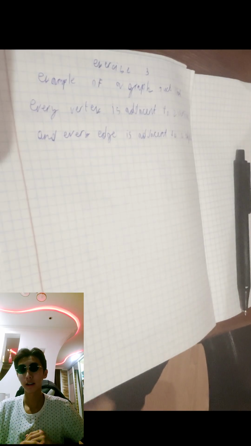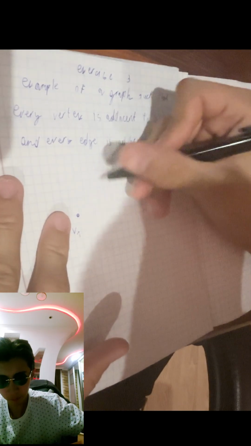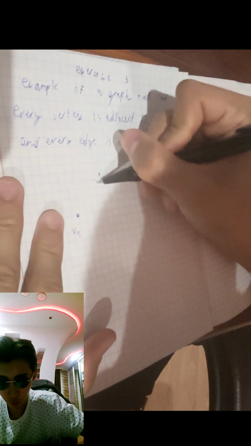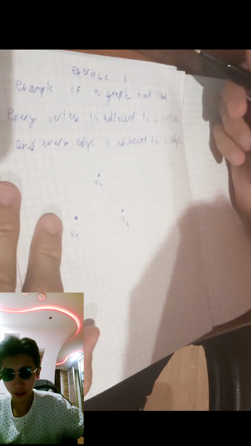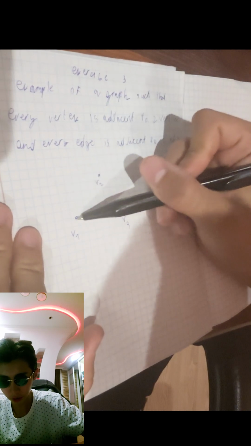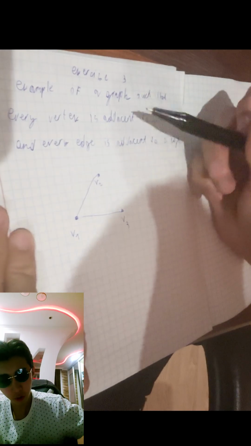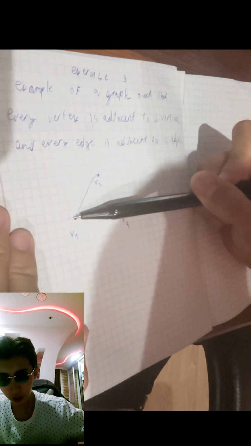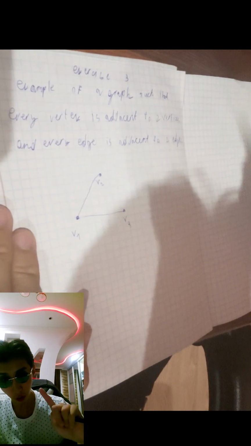Let's draw that graph to make it understandable. Here is V1, here is V2, here is V3, such that every vertex is adjacent to two vertices. Let's try V1 with V2. Now you see V1 is adjacent to V2 and V3, two vertices, okay?